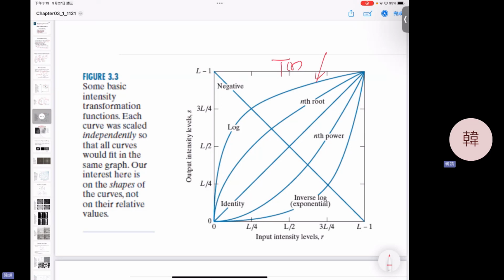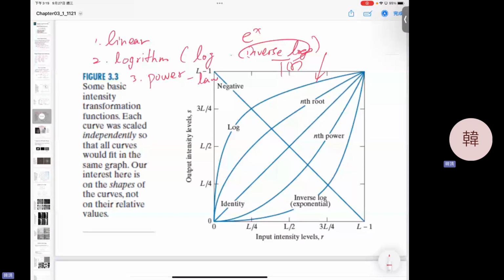The third transformation function type is a power law. So we have three different simple enhancement curves to transform your input gray level to a different output. For the linear type, there are two functions, like these two lines, the diagonal and the inverse diagonal.